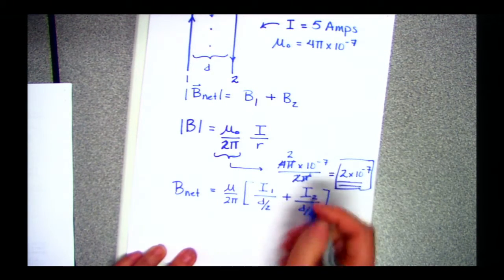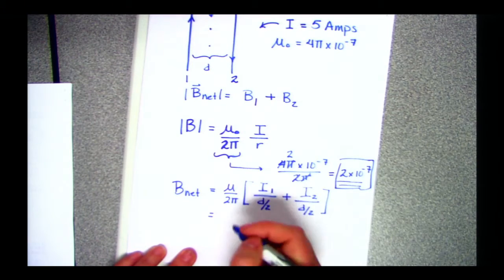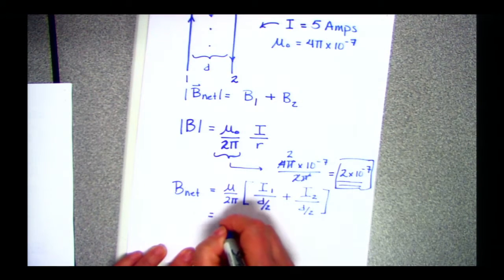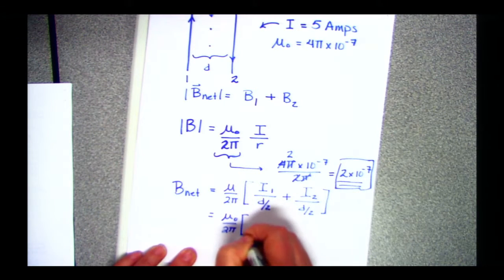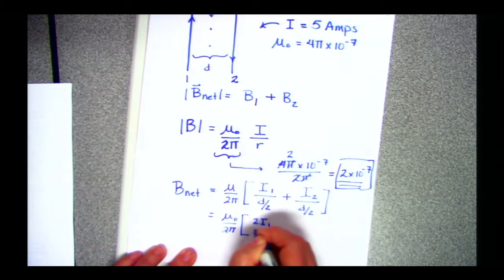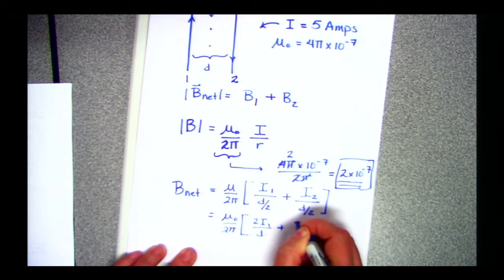And that way I can simplify this as mu over 2 pi, and this becomes 2 I1 divided by the distance plus 2 I2 divided by the distance.